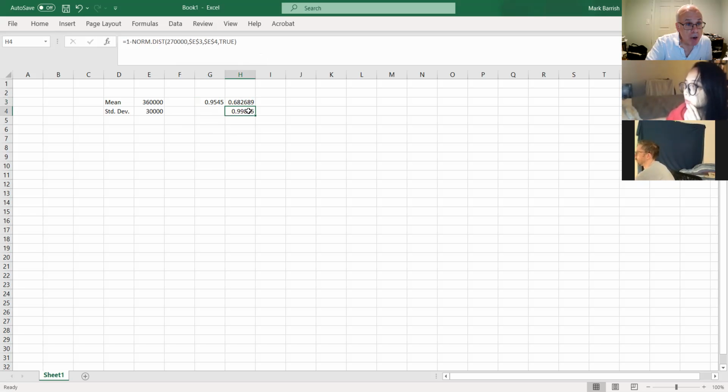And then the last one, I already have this set up as 1 minus, because it says greater than. So it's going to be 1 minus less than. I put 270,000 in for the value, and I get 0.9987 if you round to 4 decimal places.